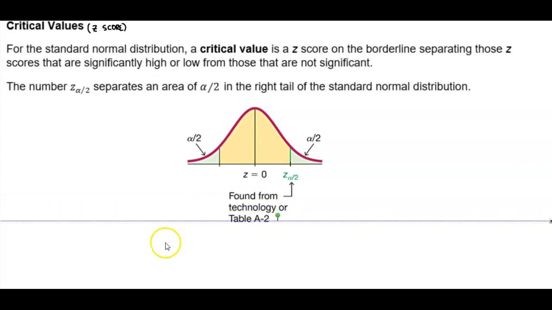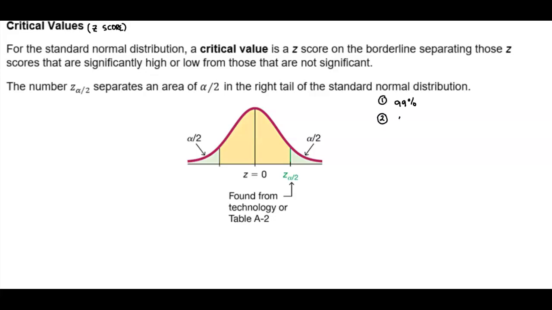Okay, so for example, let's say that we wanted to find 99% confidence. In order to find alpha, alpha is going to equal 1 minus 0.99, and that gives us 0.01.